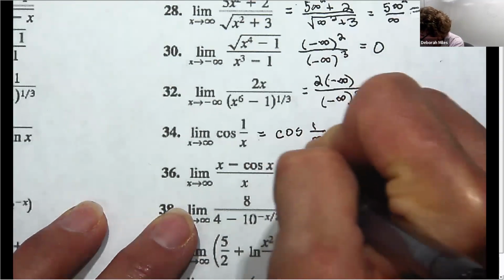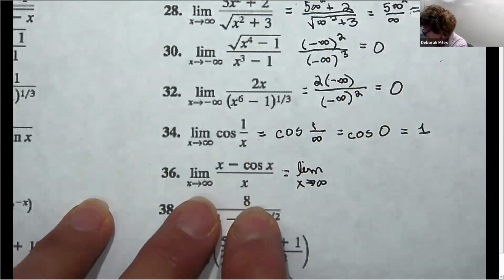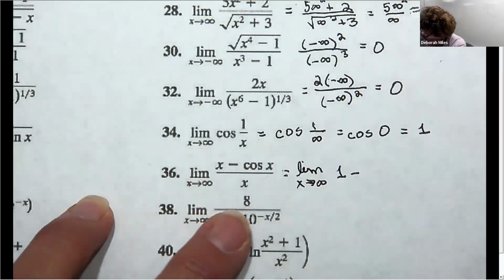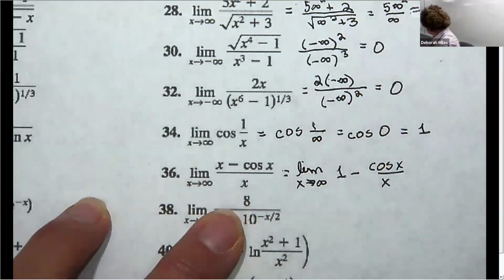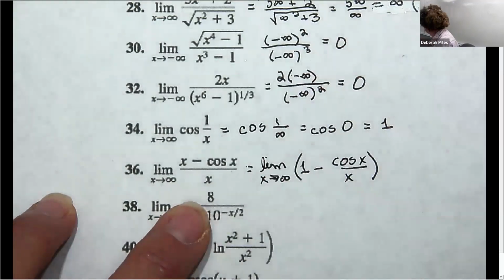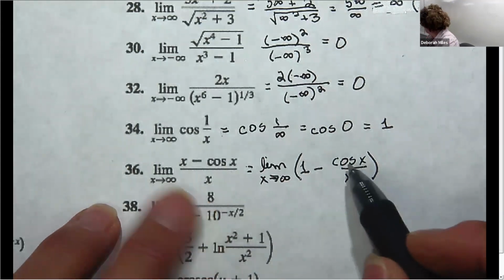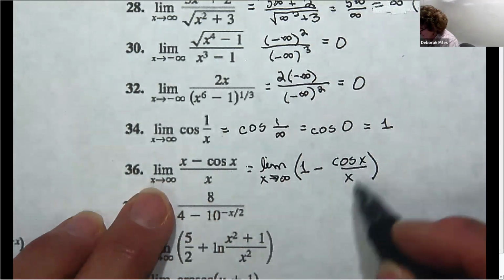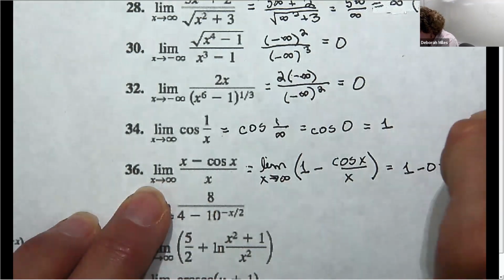I don't know if it would be helpful or not, but you could split that fraction into 2 terms. You could say x over x is 1, and then cosine x over x would be the other term. Let me have that in parentheses. Yeah, a number between 1 and -1 divided by infinity is 0, and 1 minus 0 is 1.